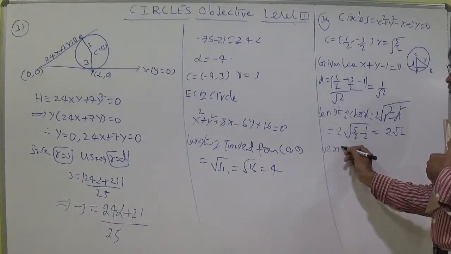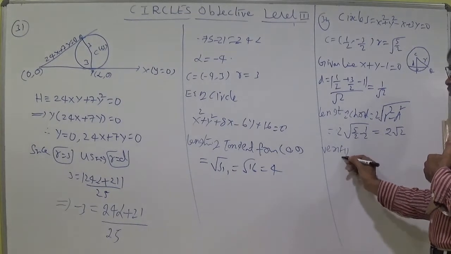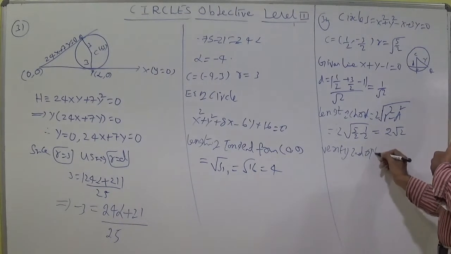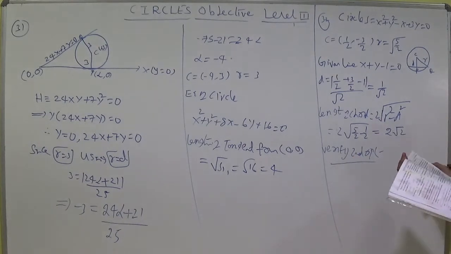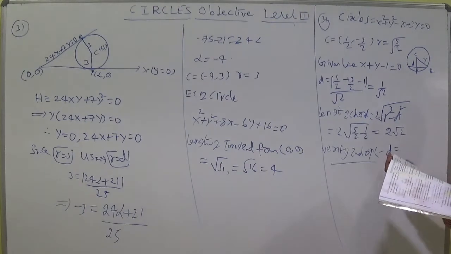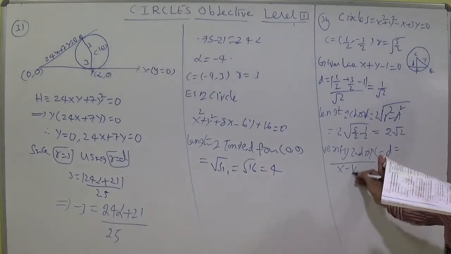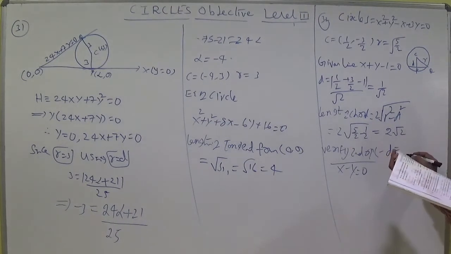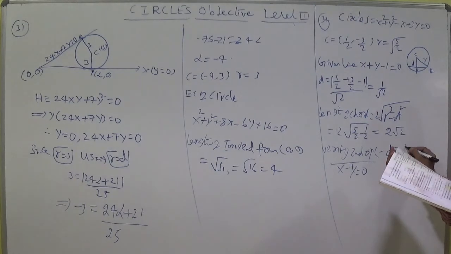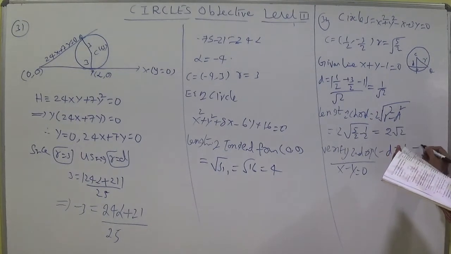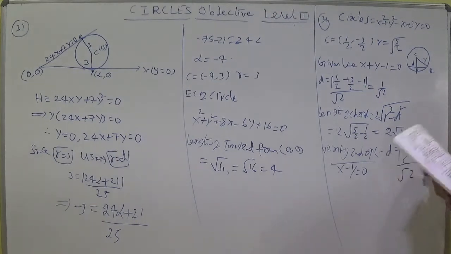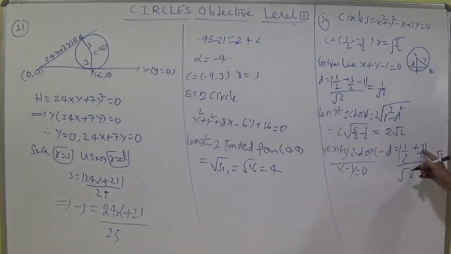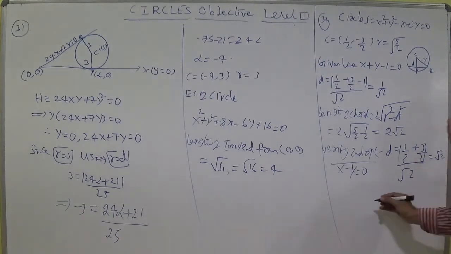According to option verification, let us verify the second option, which of course depends on the center concept. The second option is x minus y equal to 0. D is equal to 1 by 2 plus 3 by 2 over modulus root 2. 1 plus 3 is 4, 4 by 2 is 2, so d is root 2.